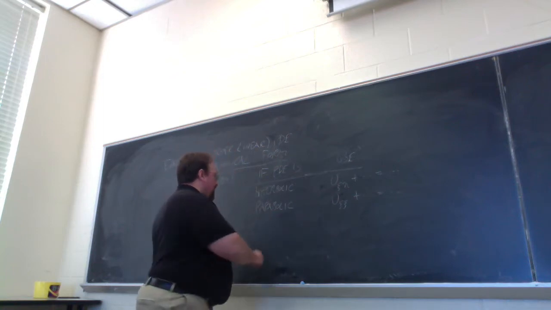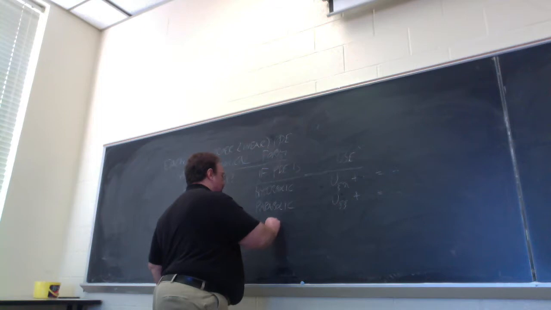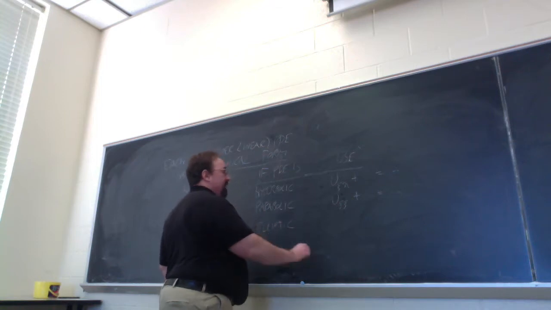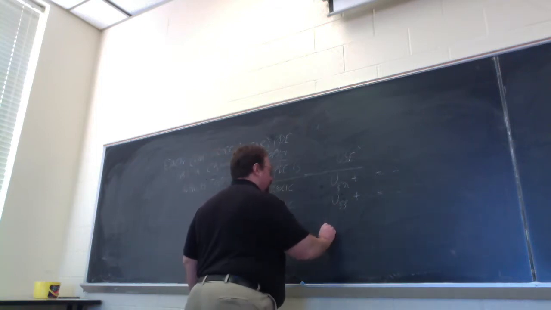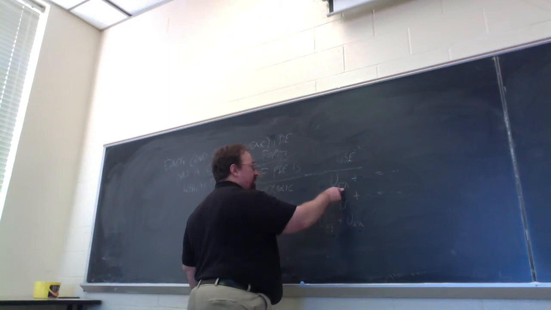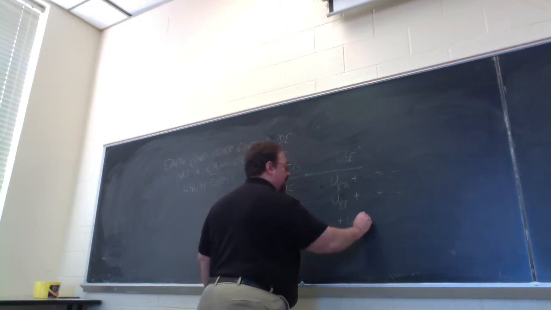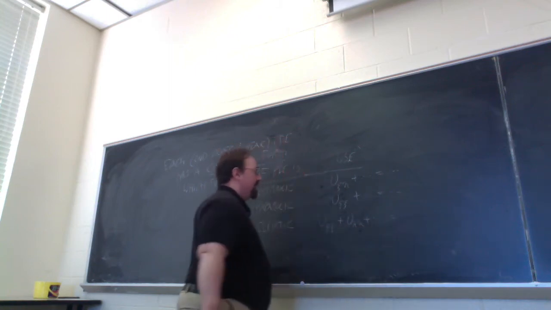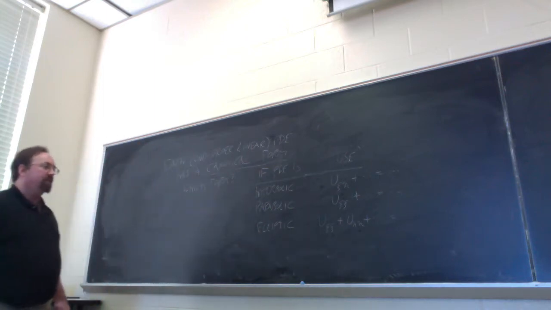And then finally, if it is elliptic, then you have both partial derivatives that have the same variable. So the mixed partial derivative is out, but the other two remain, and you can have them with equal coefficients.